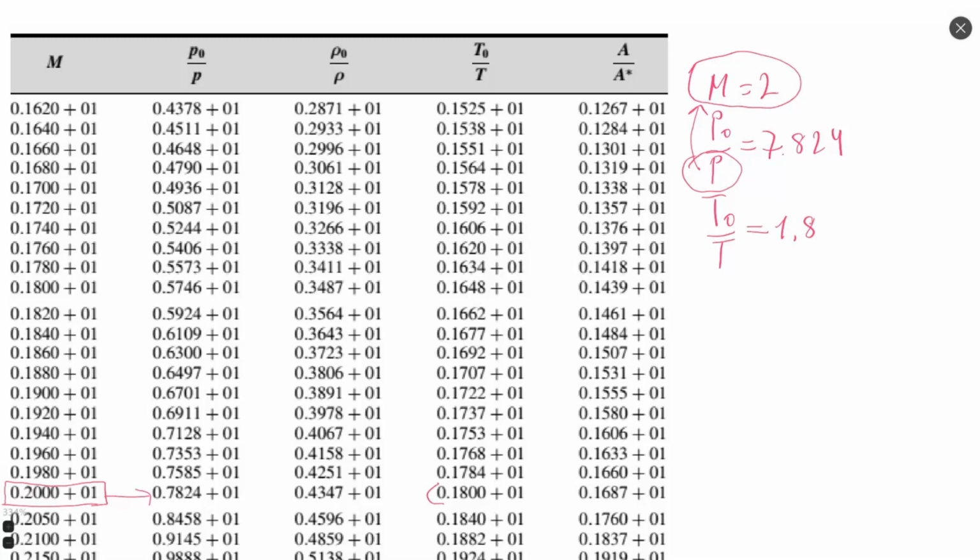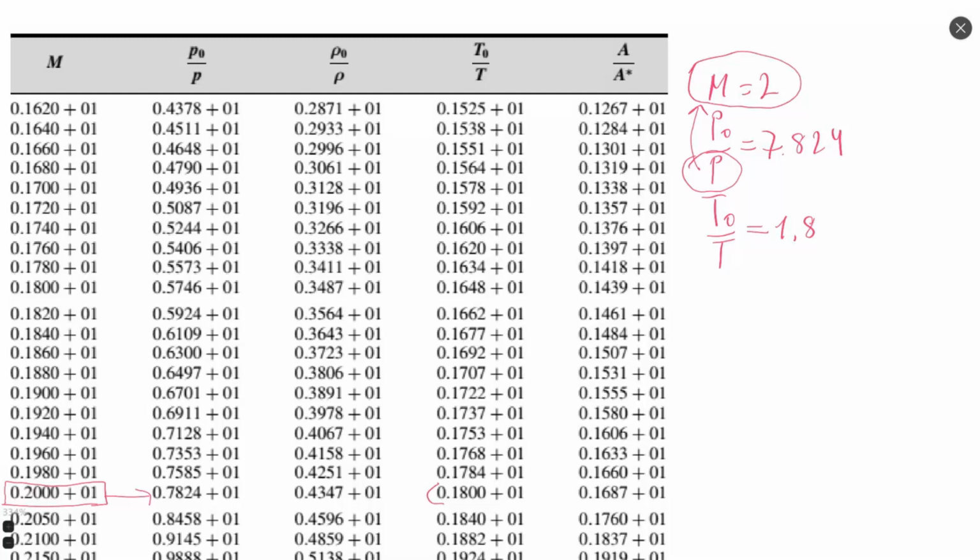Or vice versa. If we have Mach 2 and we measure at this point our pressure P, our stagnation pressure will be 7.8 times higher than this pressure P.